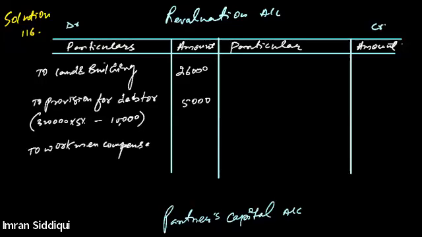The claim was 6,000, so we'll write this value here. Is that clear, everyone?